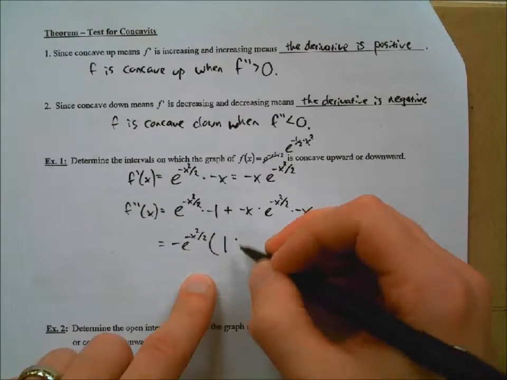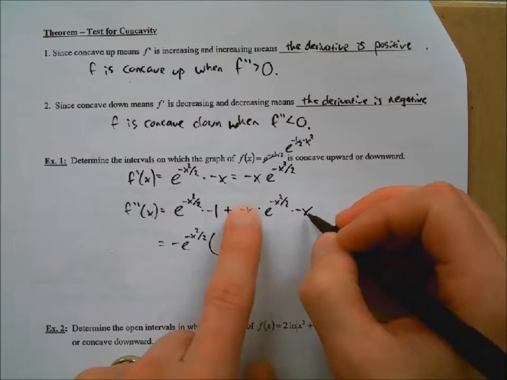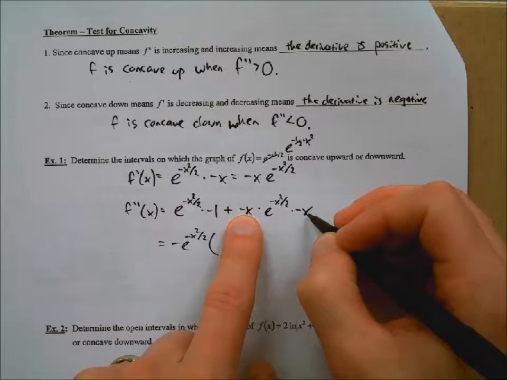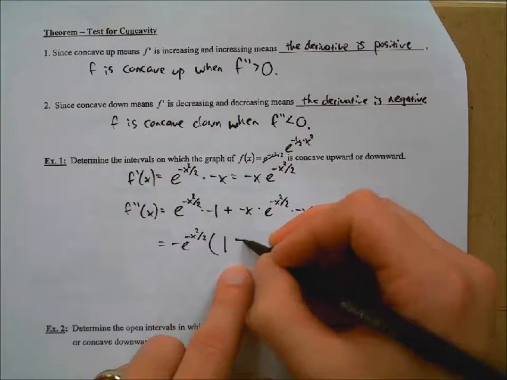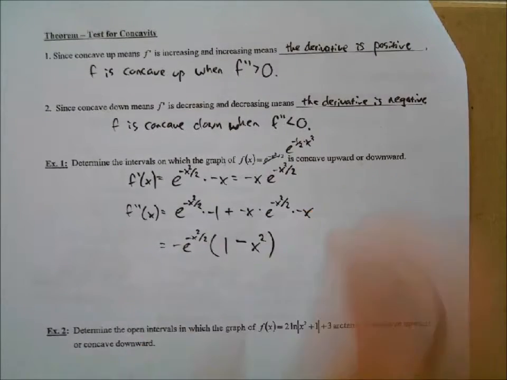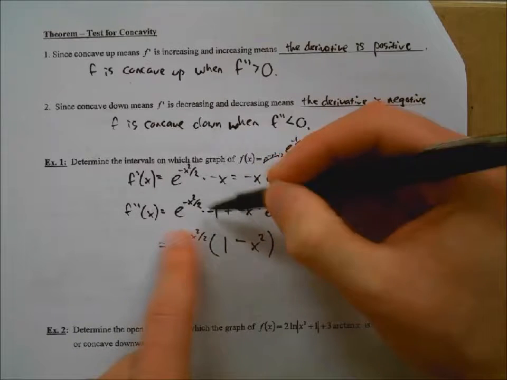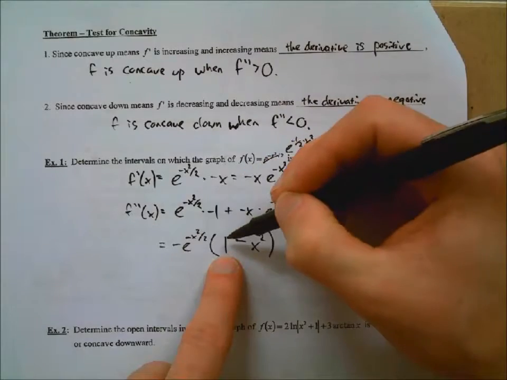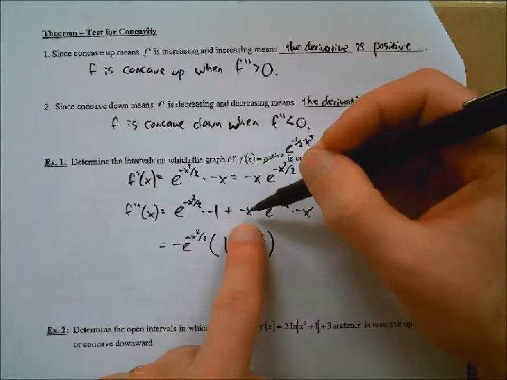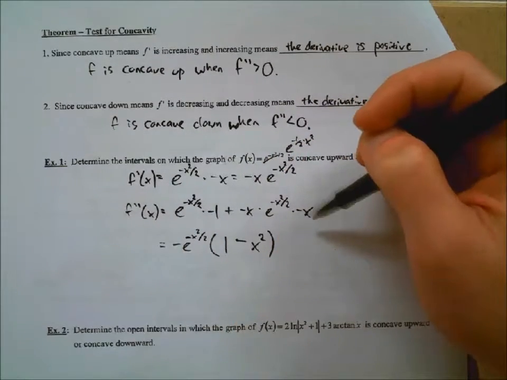And then I'm going to have x squared, but I'm pulling out a negative 1, so it's actually minus x squared, like that. So leave behind a 1. Pulling out a negative 1, it's now x times negative x there, so it's going to be negative x squared there.